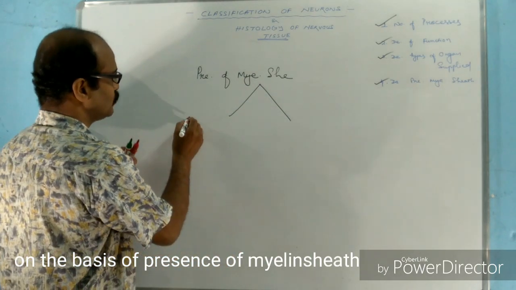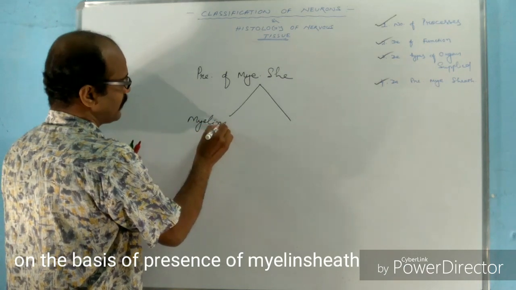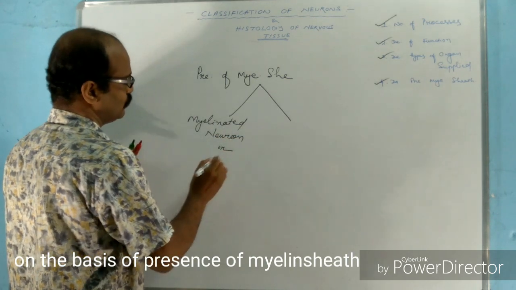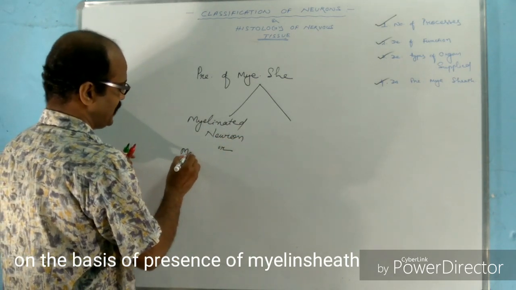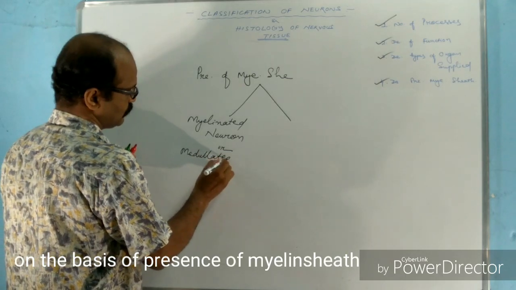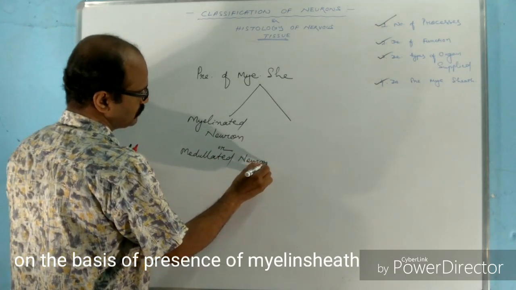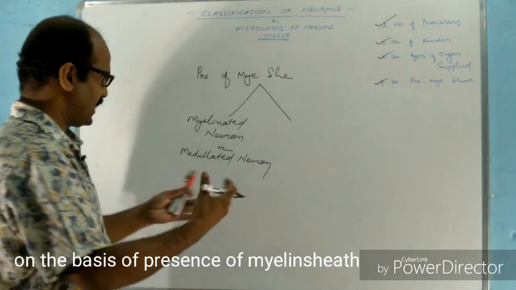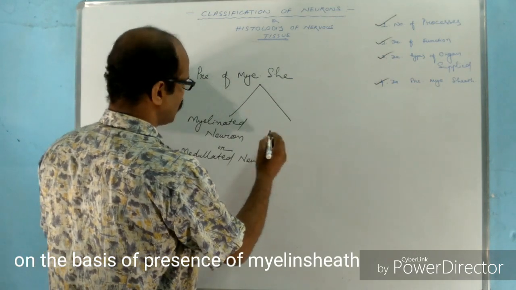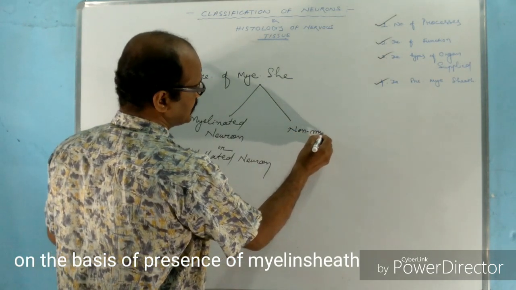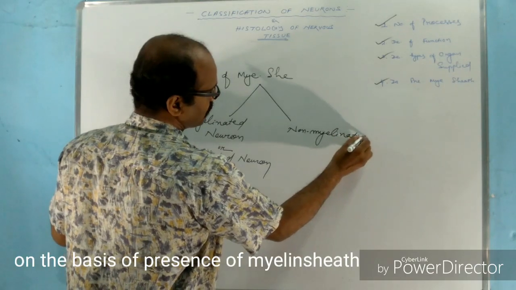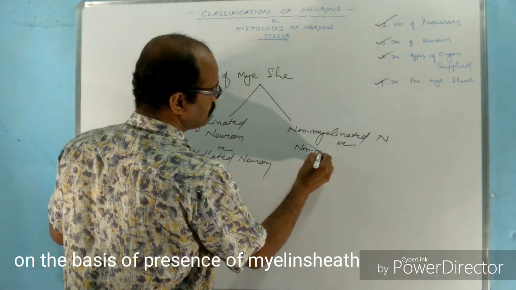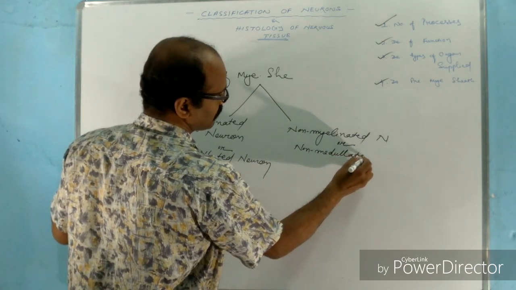Those that have a myelin sheath are known as myelinated neurons, also known as medullated neurons. If the myelin sheath is absent, such neurons are known as non-myelinated or non-medullated neurons.